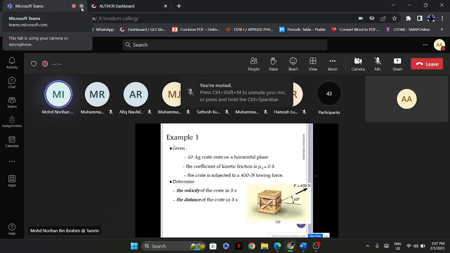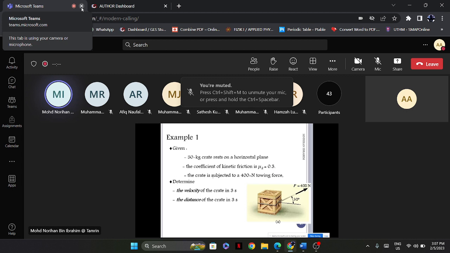Let's have a look on this example 1. Example 1, given that a 50 kilogram crate rests on a horizontal plane, the coefficients of kinetic frictions, mu k is equal to 0.3.